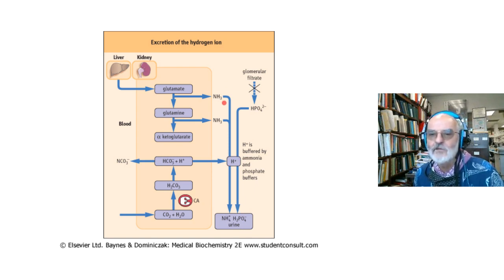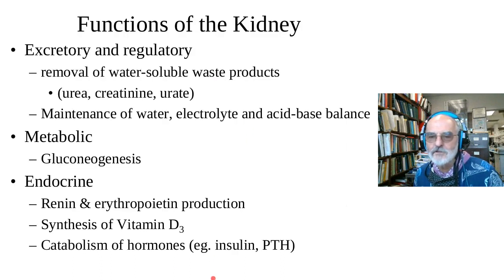It usually gets excreted as ammonia and monobasic phosphate. The source of that ammonia is breakdown of amino acids. Phosphate is just floating around in our bloodstream.